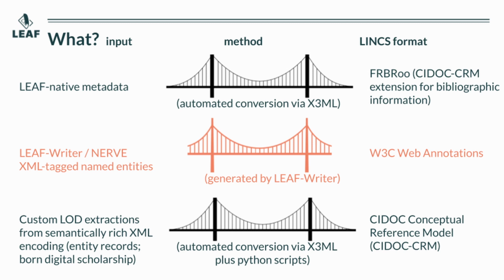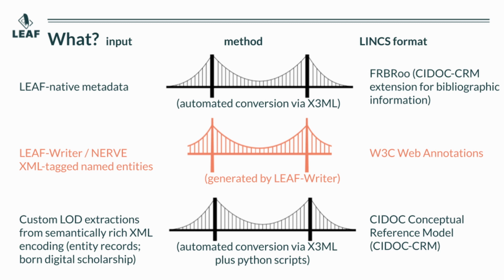We also had to determine exactly what we are converting, what we are turning into linked open data that's available via LINCS. So we're doing this for the LEAF-native metadata via automated conversion using XML mappings to Ferberu, which is a CIDOC CRM extension for bibliographic information.